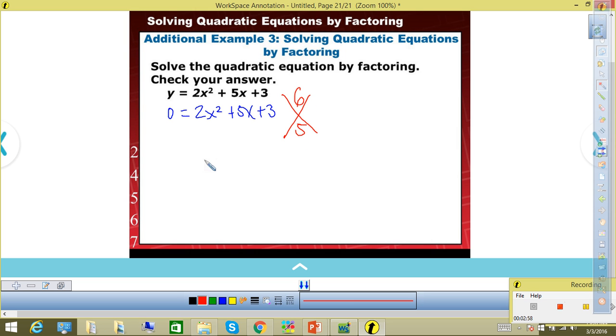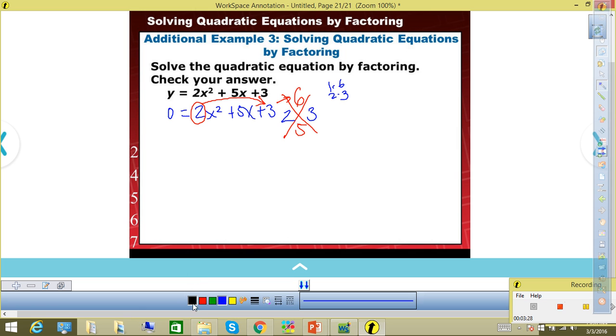That is correct. Now check this out. For those of you that forgot, make sure you label it right now so that you won't forget tomorrow that if it has a leading coefficient greater than 1, you need to multiply the leading coefficient times the last term. That's how we got that 6. So factors of 6 that add up to 5. Let's see, 1 times 6, 2 times 3. 2 and 3, that is correct.